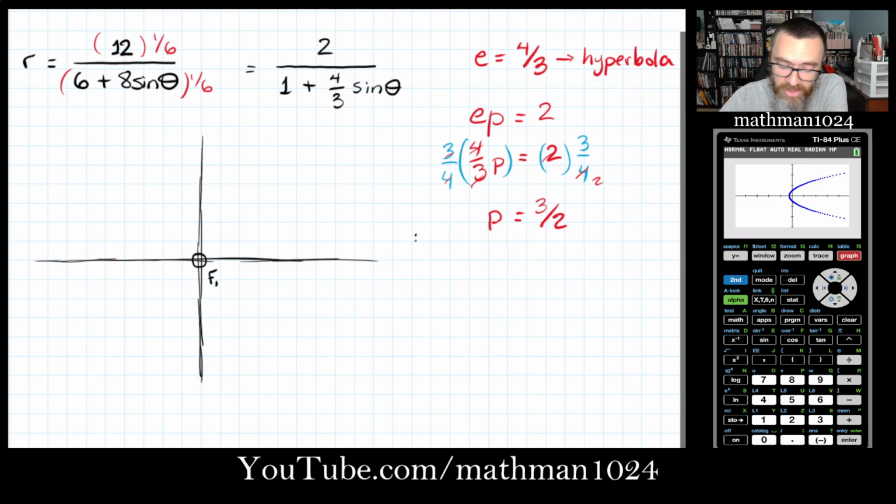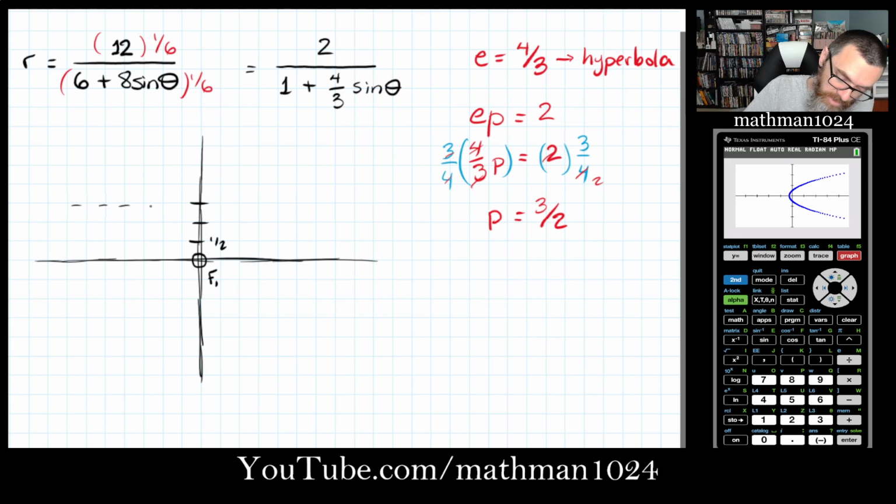That's a very, very nice thing about what we have here. Focus is always going to be at the origin. So the p value tells me my directrix is going to be 3/2 units. In this case, since it's a plus in front of the sine, that's going to move it up 3/2 units. And again, if I make each of these be 1/2, it's going to be up here.